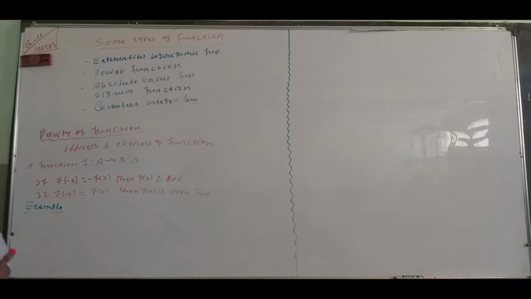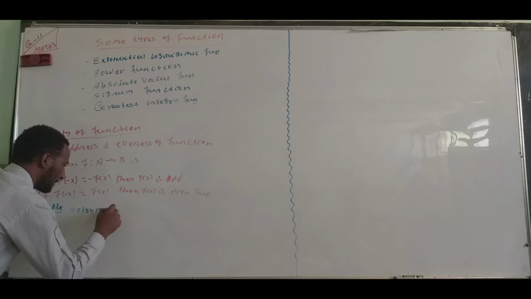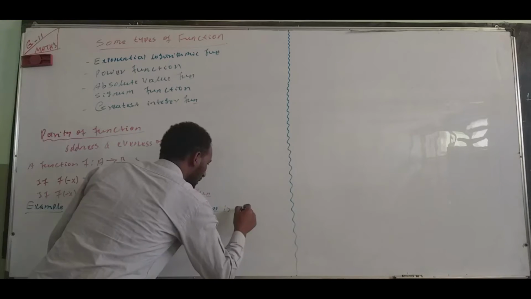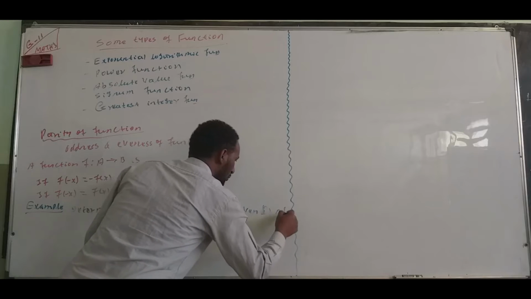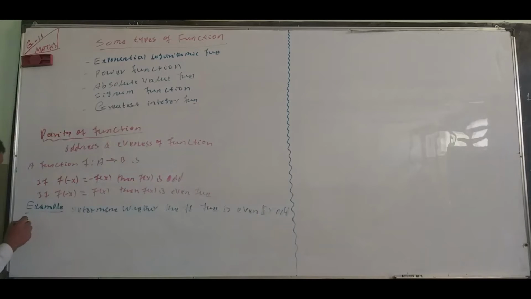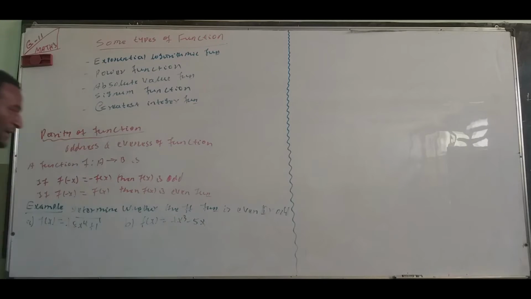Determine whether each of the following functions is even or odd. A: f of x is equal to 4x cubed minus 5x.